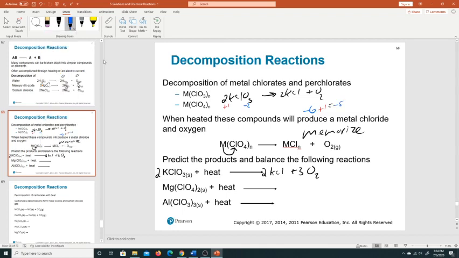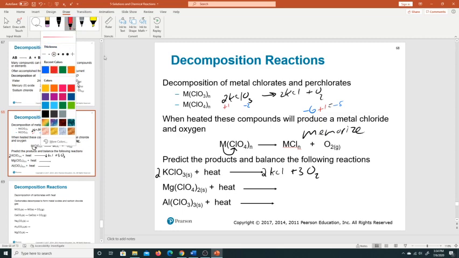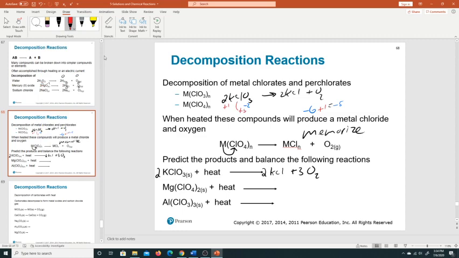Now, KClO3 has no overall charge, so the charge of chlorine has to be positive and cancel -5. Therefore, chlorine has to have an oxidation state of +5. Normally we think of halogens, chlorine, bromine, iodine, as being -1, but in this case, chlorine takes on a positive charge.